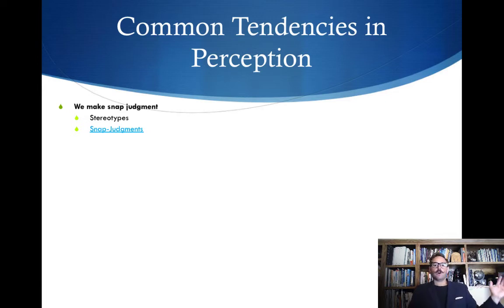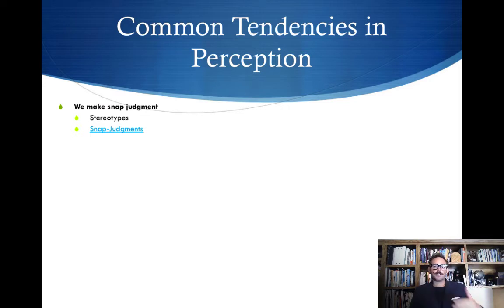Over the evolution of humans, we find ourselves in today's modern society not threatened by what's in a bush, or needing to outrun a tiger. We don't need to always be in this heightened state of awareness. However, our brains, our biology, is still wired to do that. And so oftentimes we make snap judgments.